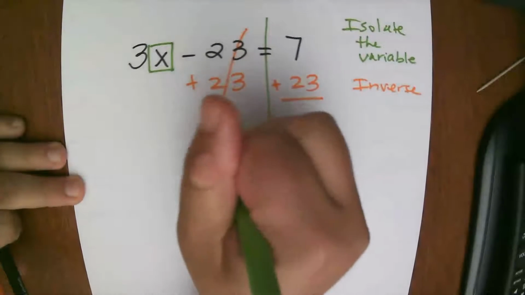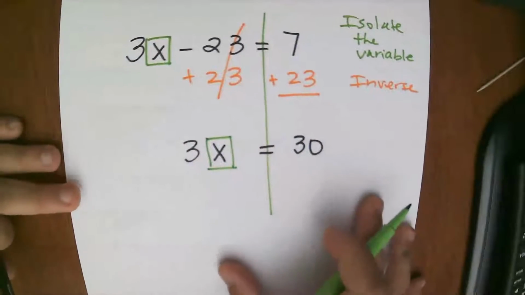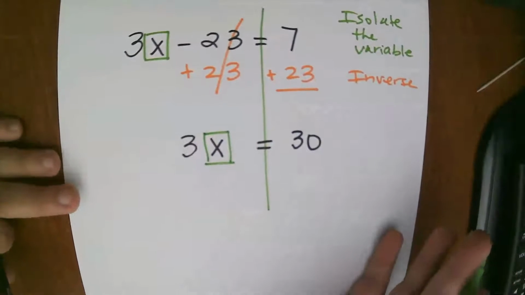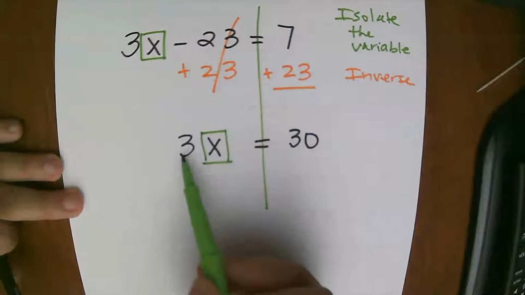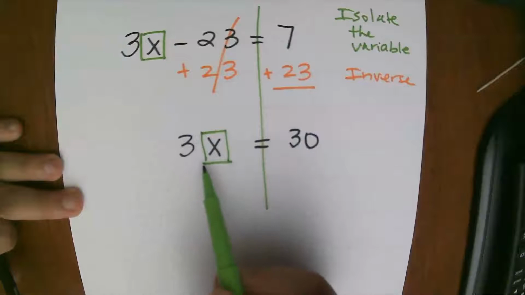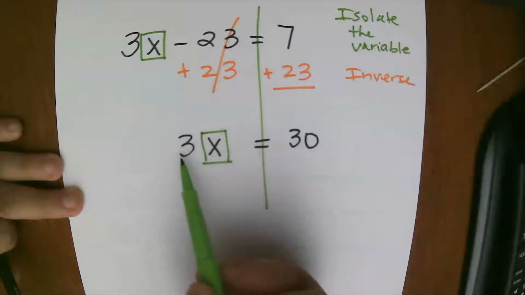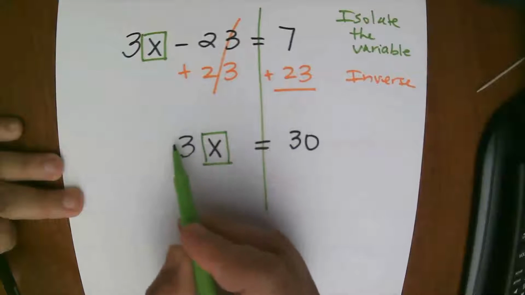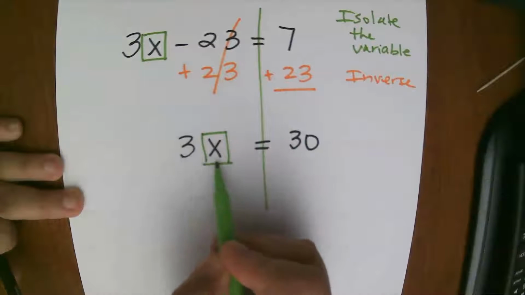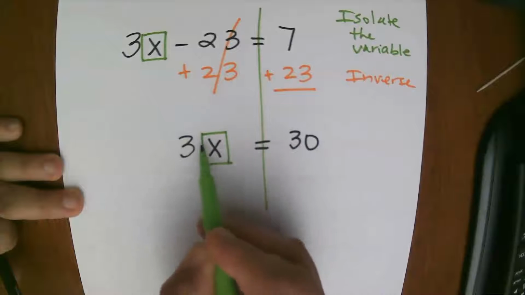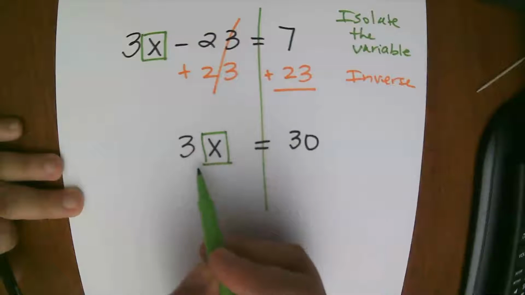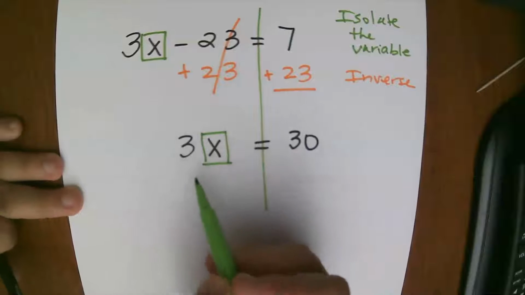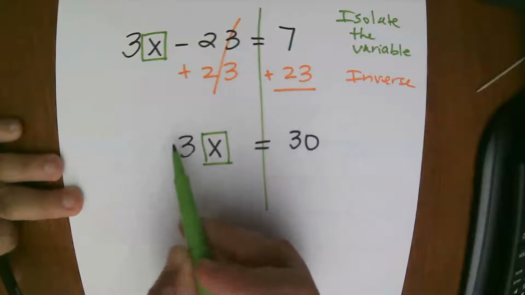Okay, so we still have that 3 stuck to that x, which is a problem. So we're going to have to break the news. Sorry, 3, you gotta go. So what's happening between this 3 and this x? What's the operation? Well, this is actually 3 times x equals 30. So anytime you have a number glued to a variable, stuck together, with no plus sign, no minus sign between, that means multiply.